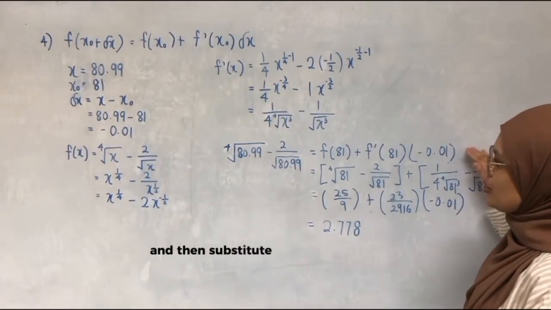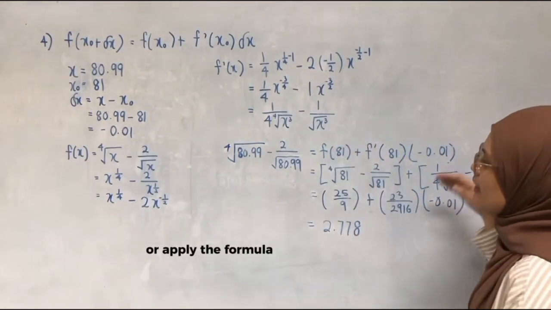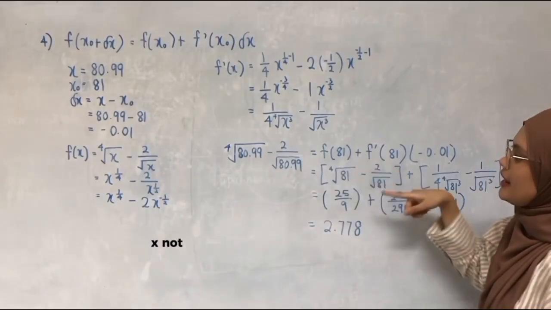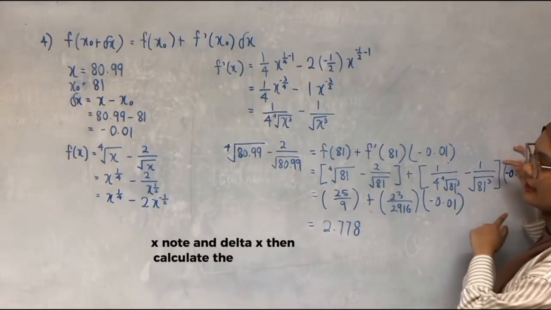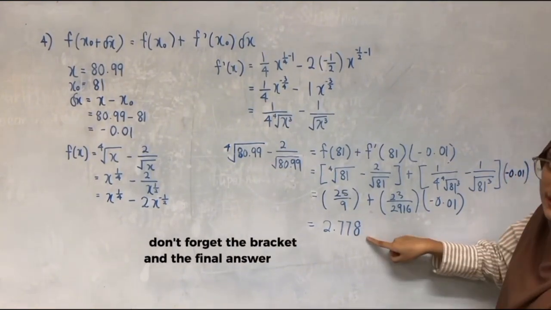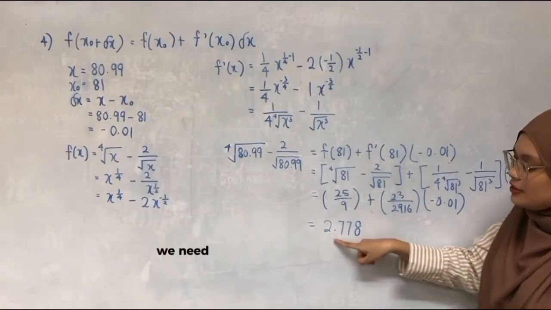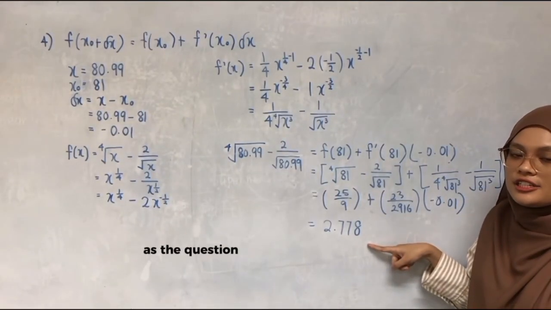Then apply the formula and substitute the values of x, x naught, and delta x. Then calculate this. Don't forget the brackets, and the final answer is 2.778. Don't forget, we need to write it in 3 decimal places as the question requires.